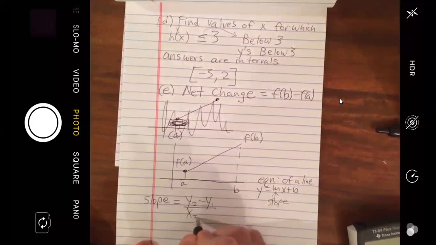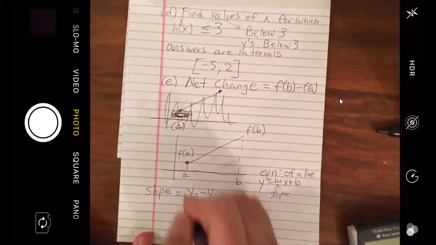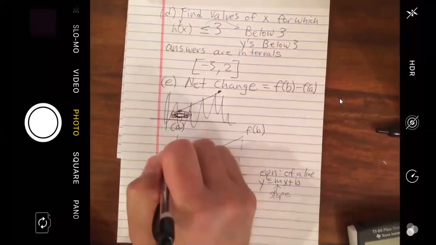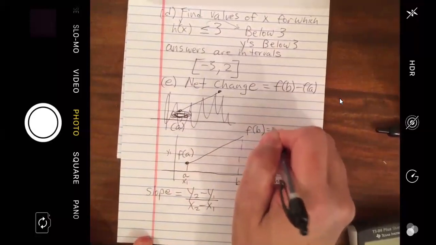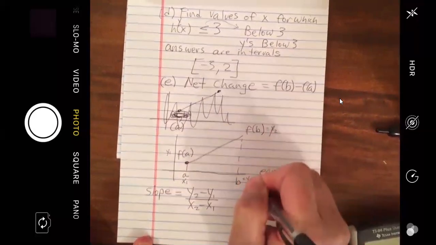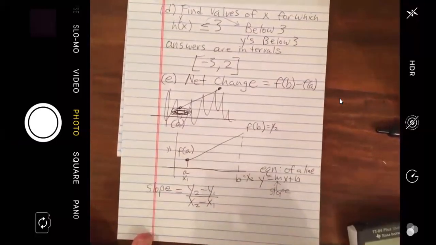Y2 minus y1 over x2 minus x1, yeah. Okay, they're using this as x1 and this is y1. This is x2. Y2, and this is x2. Okay.